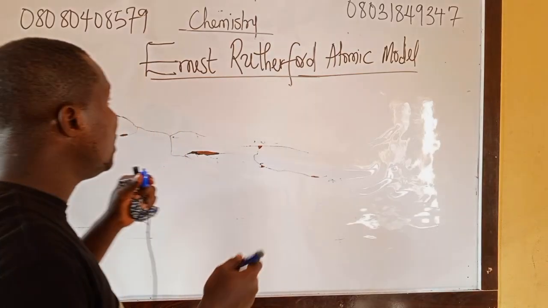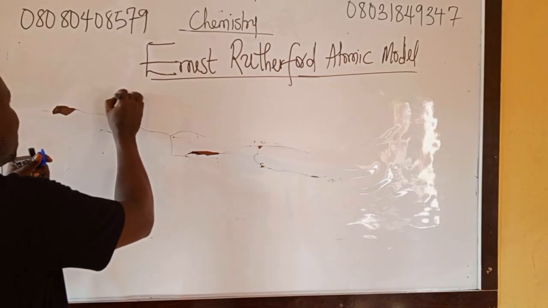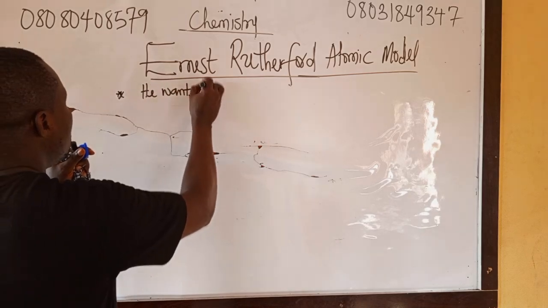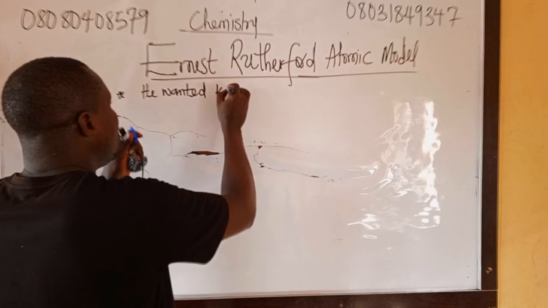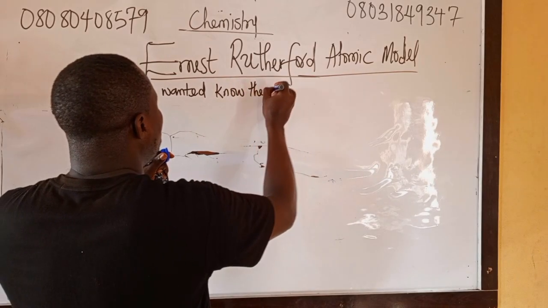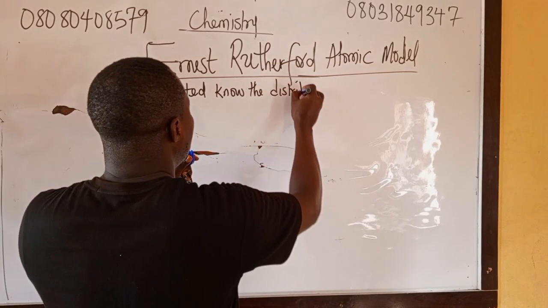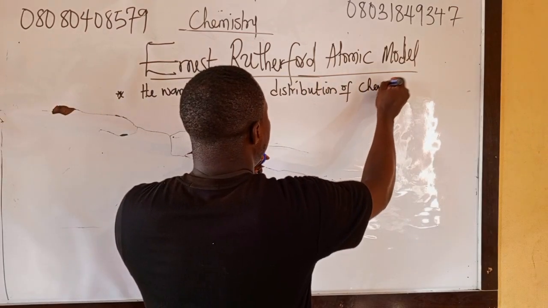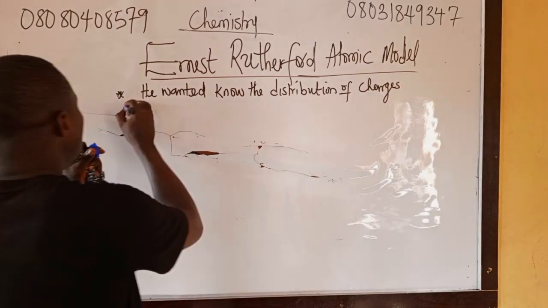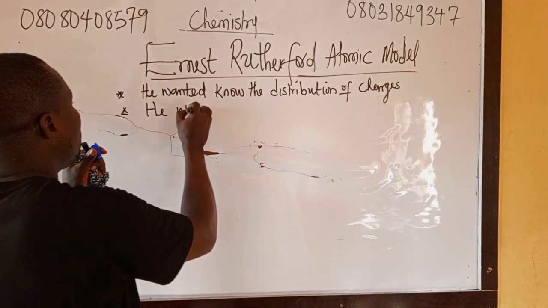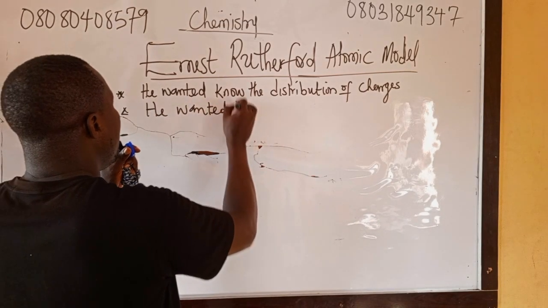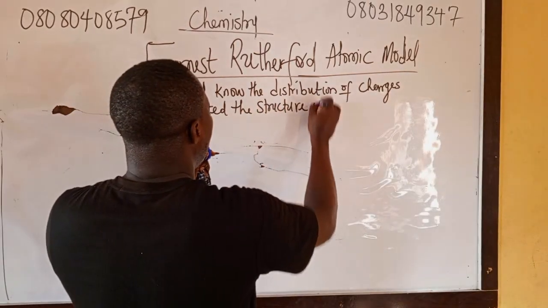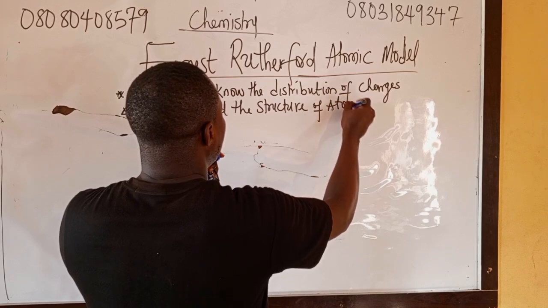The reason behind Ernest Rutherford atomic model is that he wanted to know the distribution of charges, and he wanted to know the structure of atoms.